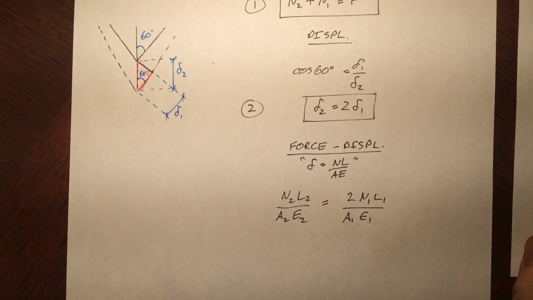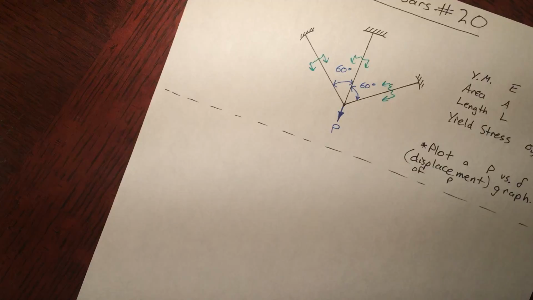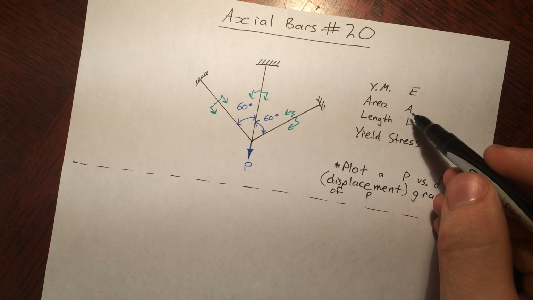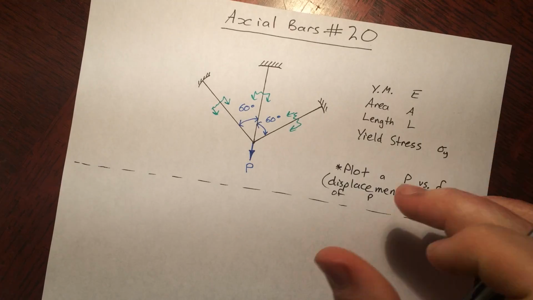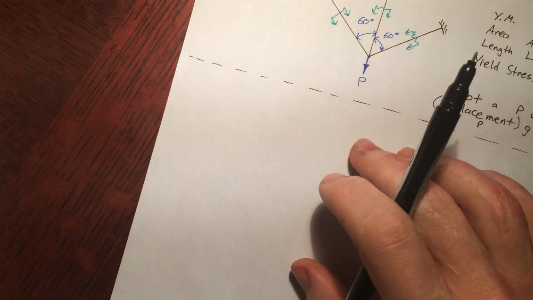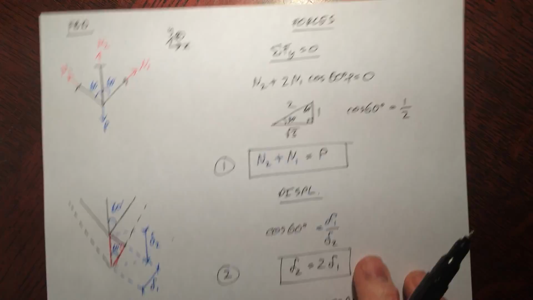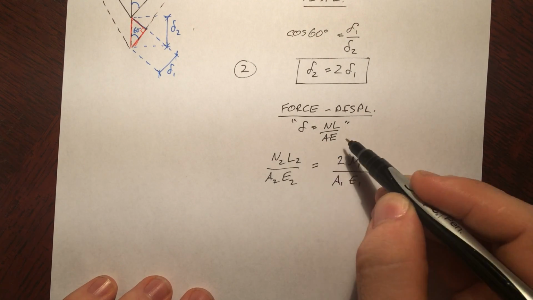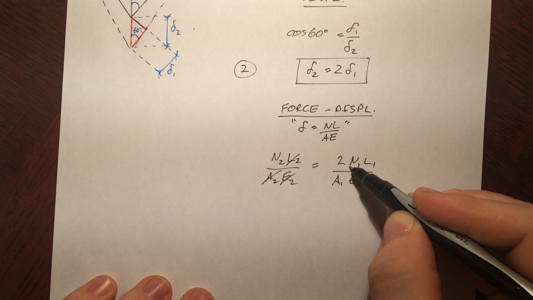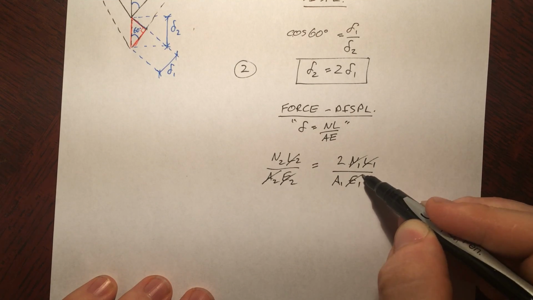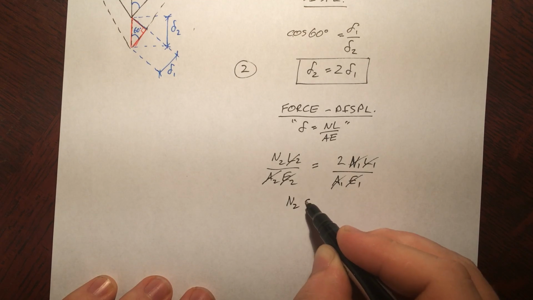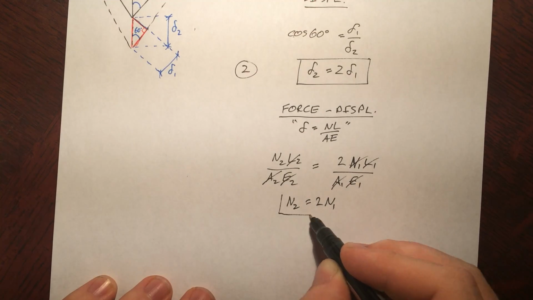Now going back to what this question told us, all of them have a length L, an area A, and a Young's modulus E. That's nice and handy for us, because it allows us to just simply cross all this off because they're all the same. So we can say N2 is 2 times N1.